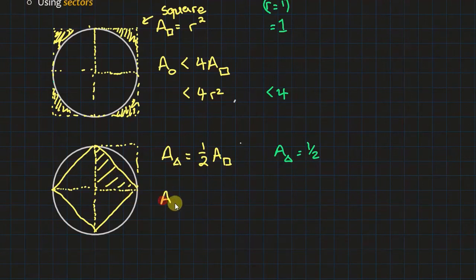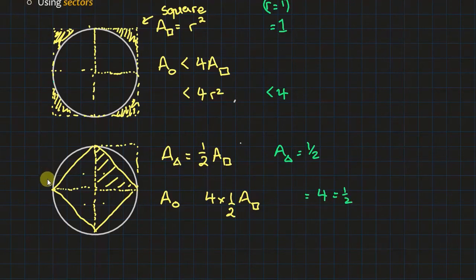So the area of the circle is 4 of these: 1, 2, 3, 4. 4 halves the area of the square. 4 times a half. That's for the triangle.